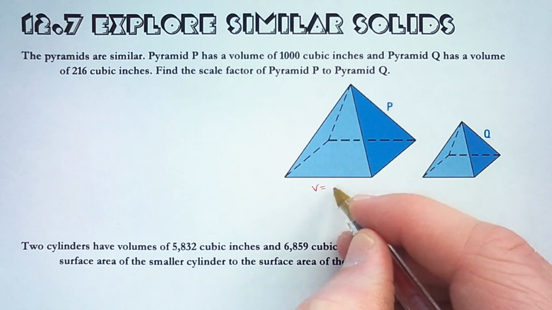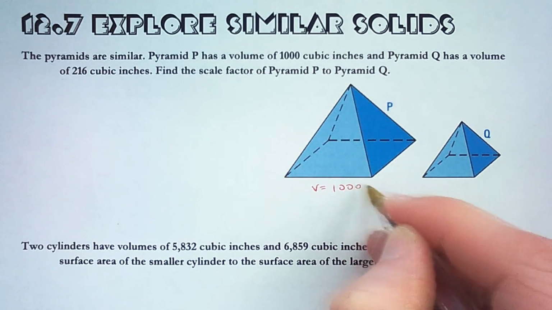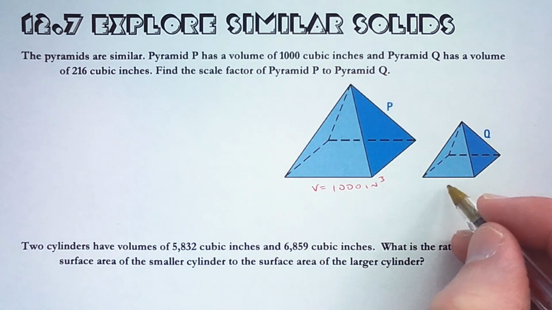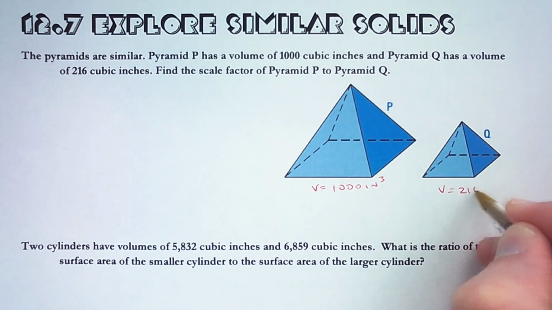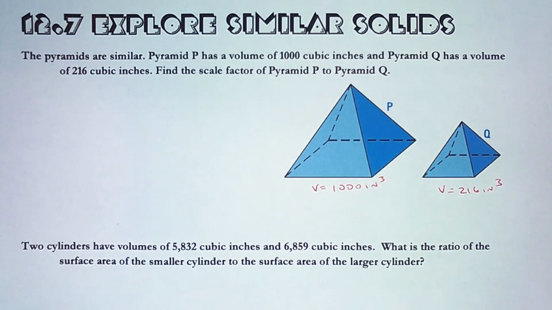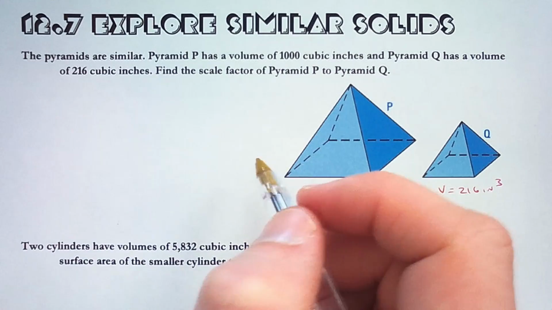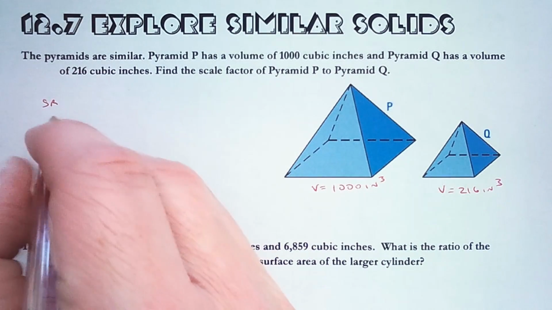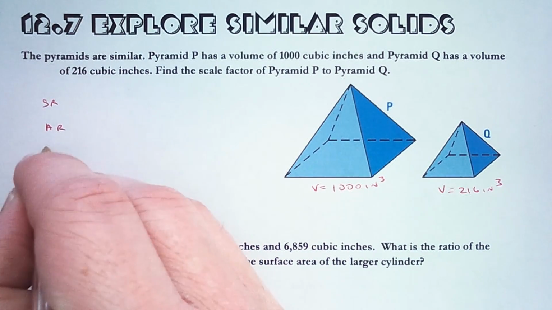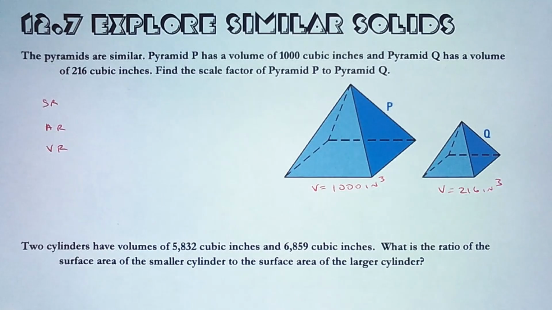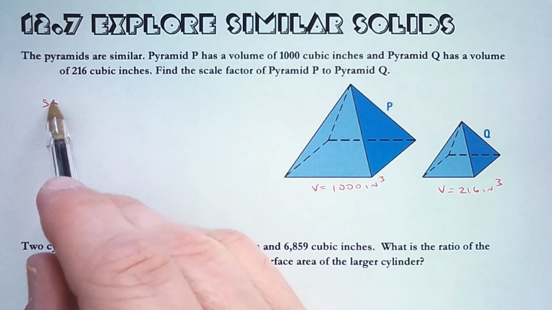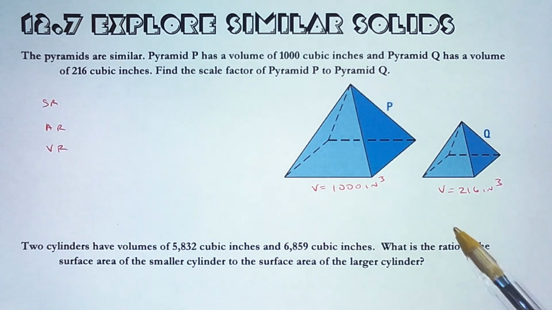We want to find the scale factor. Okay, so there are 3 different ratios. There's the similarity ratio, the area ratio, and the volume ratio. The similarity ratio, that is the scale factor. That's what we're looking for here.